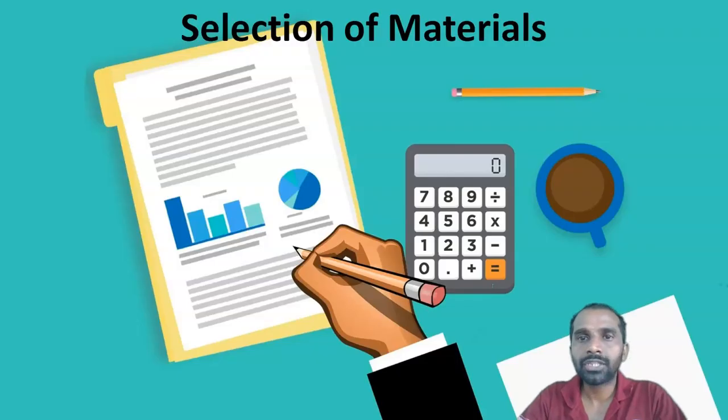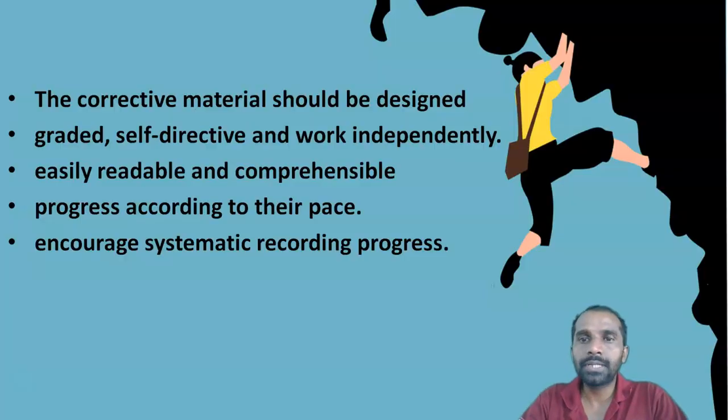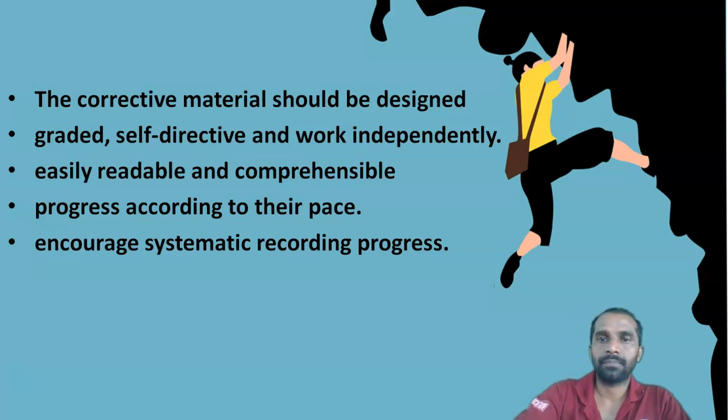Next, selection of materials. The following points should be kept in mind while selecting appropriate instructional material. First one, the corrective material should be designed to correct the students' individual difficulties. Second one, you have to analyze the work of slow learners by means of observation, interview and diagnostic testing.